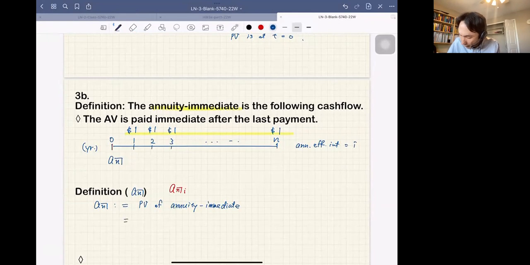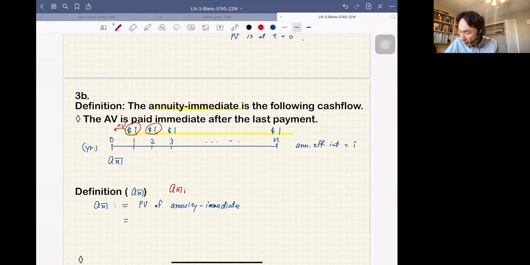So this PV is the present value of this cash flow. This $1 is worth v dollars, and this $1 is worth v squared dollars at time 0.